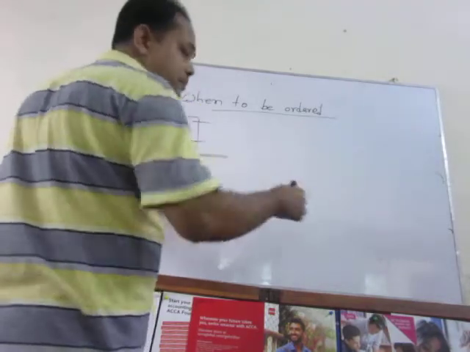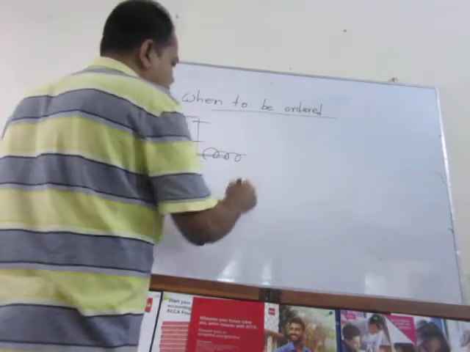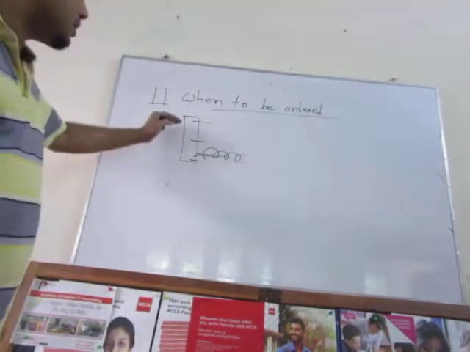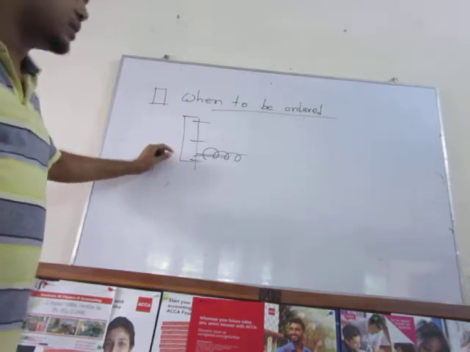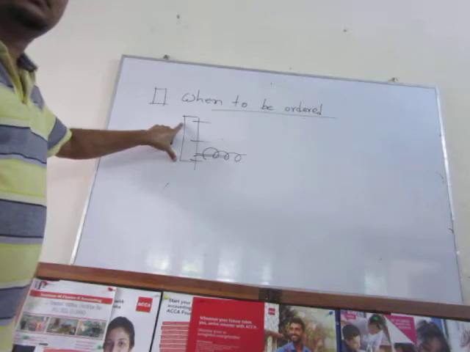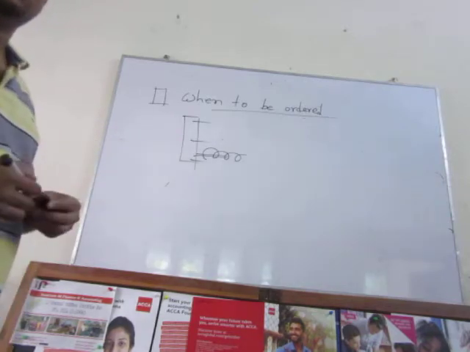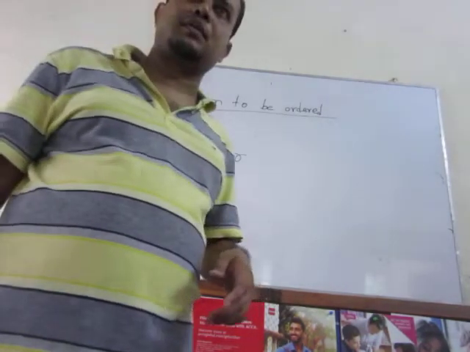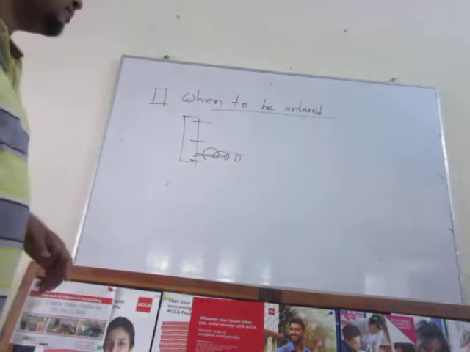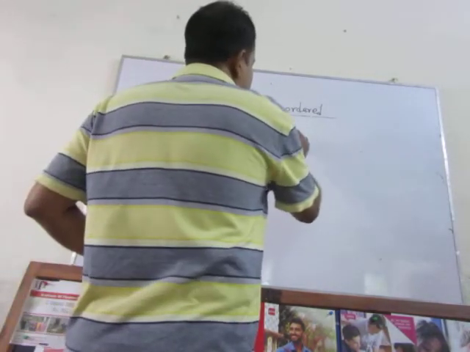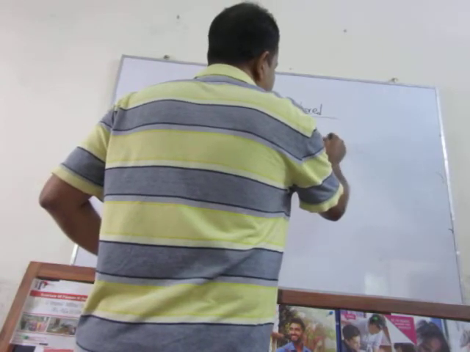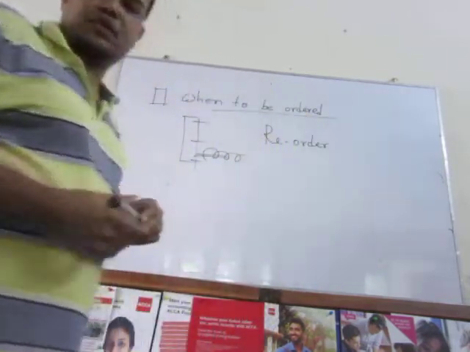From this there is a pipeline while producing some things. So this amount of stock is lowering each and every moment. Now the question is, at which level do you have to place an order? Which is called reorder level.